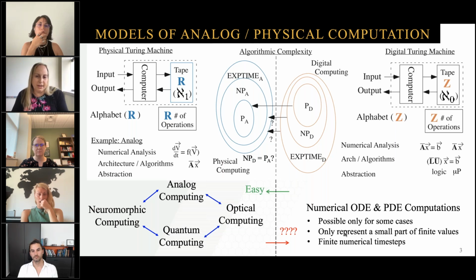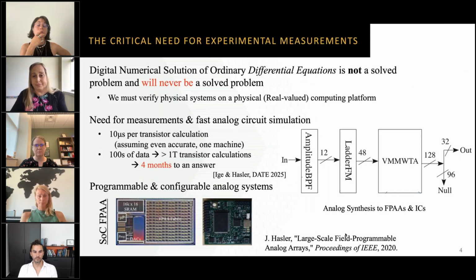And we see this all the time in differential equations, where you have finite numerical time steps, and that causes all sorts of headaches and nightmares. One could get very deep on this, but get the impression that this is necessary. This is not a nice to have. And so given that this is the case, we have to verify physical systems on real valued computing platforms. That becomes a key piece of this.